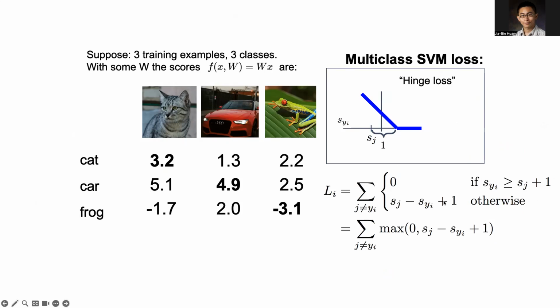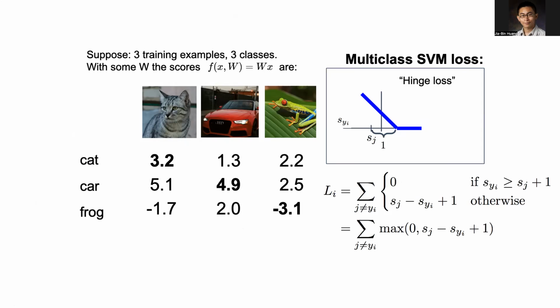Let's say this guy's correct class is the car. If your score for the correct class, 4.9, is larger than the other class predictions by a margin, for example if the margin is 1, then your loss is 0, which means that you are already getting the correct prediction, and the score for the correct class is already larger than the other classes by a margin of 1.